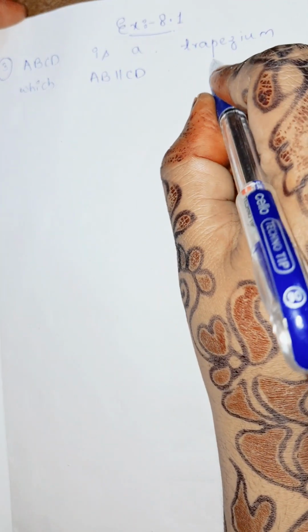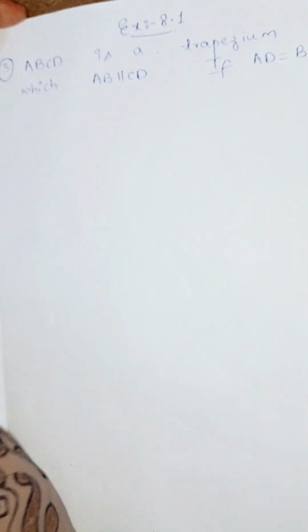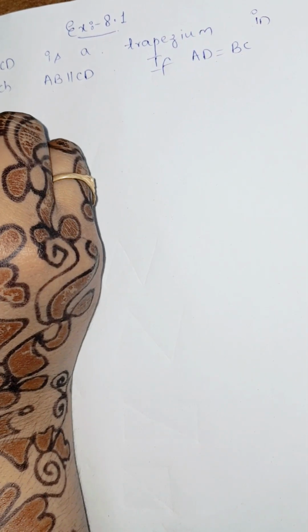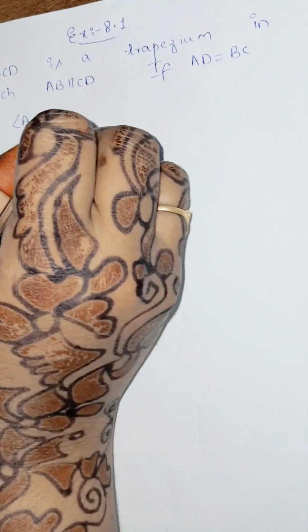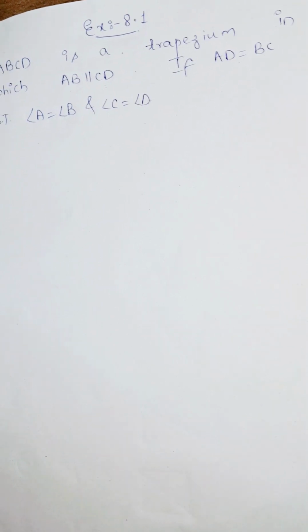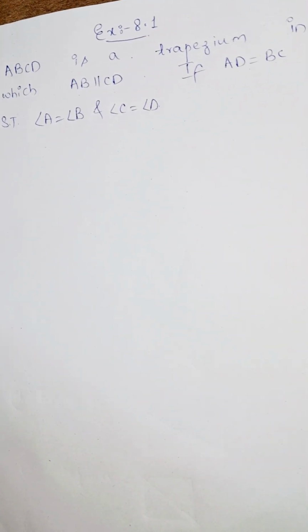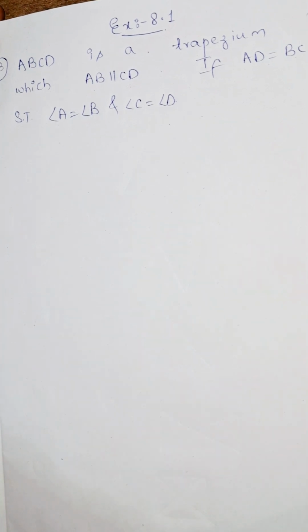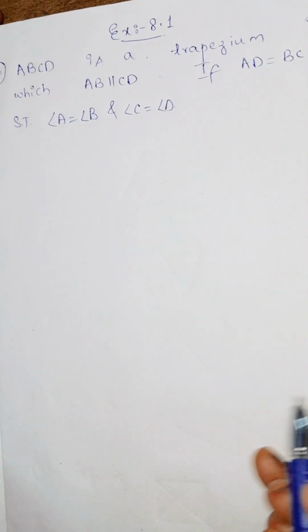If AD is equal to BC, show that angle A is equal to angle B and angle C is equal to angle D. So this we need to prove. ABCD is a trapezium in which AB is parallel to CD. If AD is equal to BC, show that angle A is equal to angle B and angle C is equal to angle D. So here first we'll draw that trapezium.